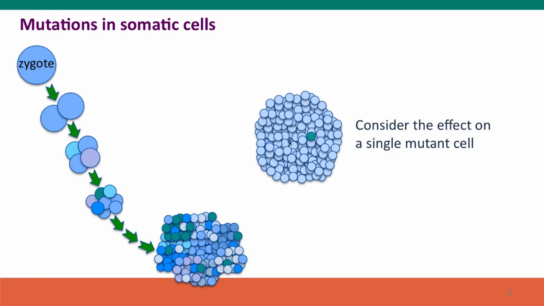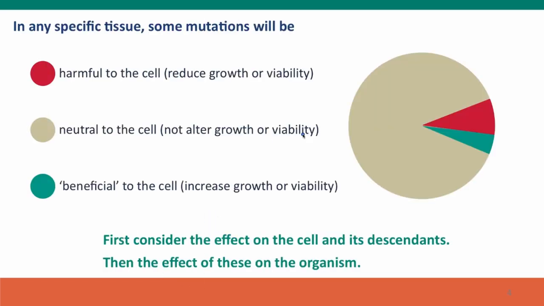But before we do that, let's think about the different kinds of consequences that a mutation can have for a particular cell. So in any specific tissue, including in the embryo, some mutations are going to be harmful to the cell. They're going to reduce its ability to grow or its ability to stay alive.